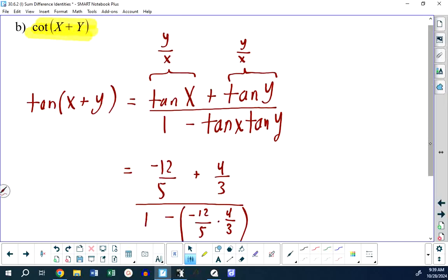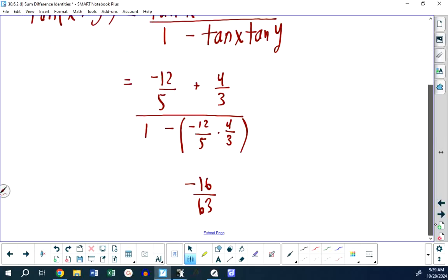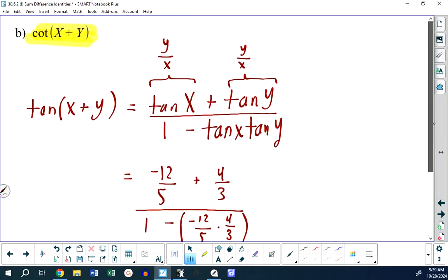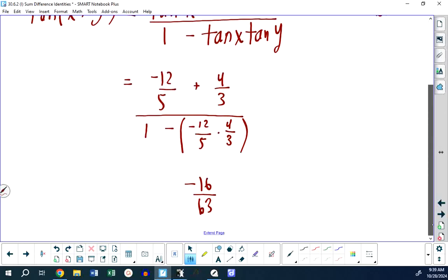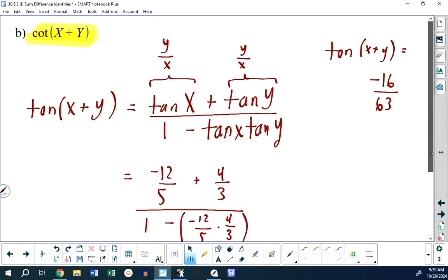We've discovered that tangent of x plus y is this. Negative 16/63. Yeah. So this is negative 63/16.